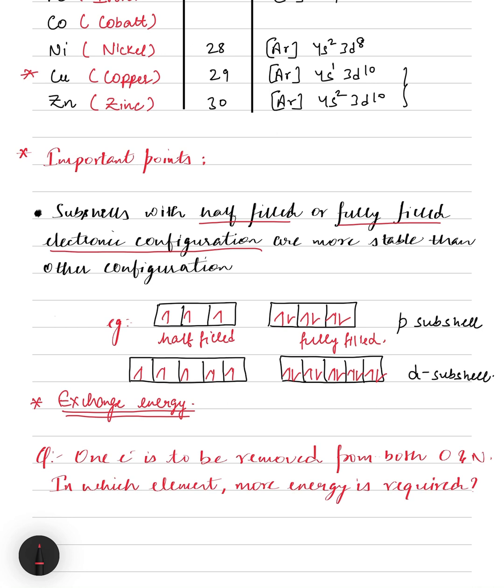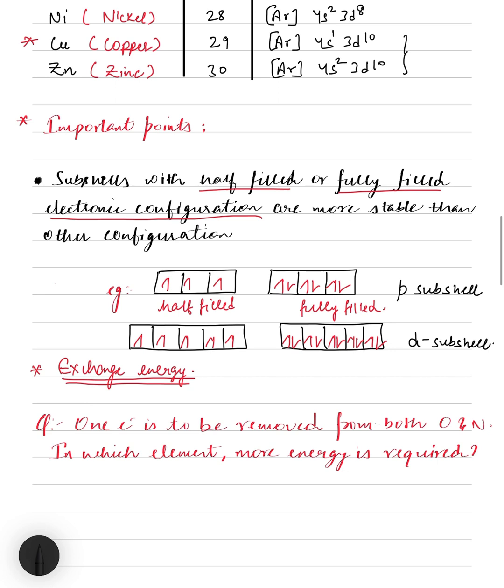An important thing is that if we compare the stability between half-filled and fully filled, the fully filled is more stable than half-filled. So cutting the slack, half-filled and fully filled are both stable, but if we compare the stability among these two, then fully filled is more than half-filled.